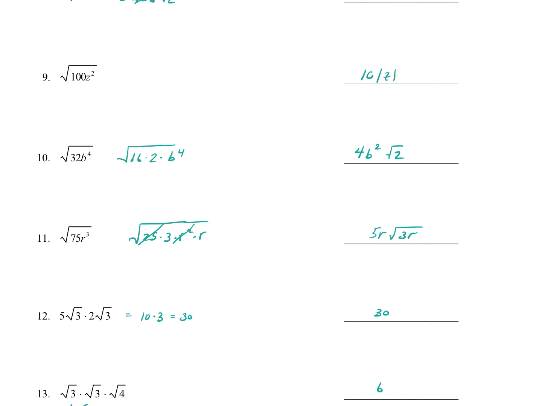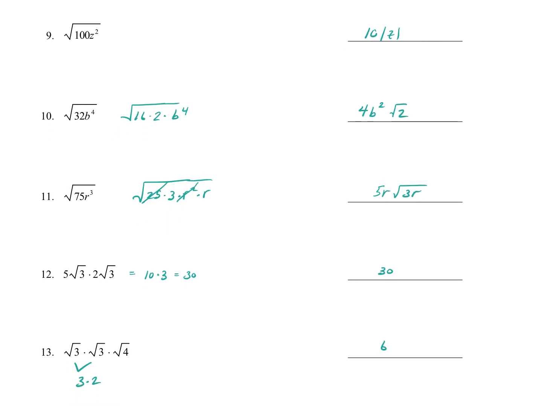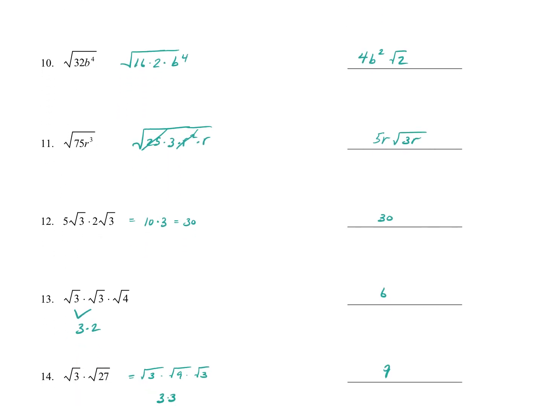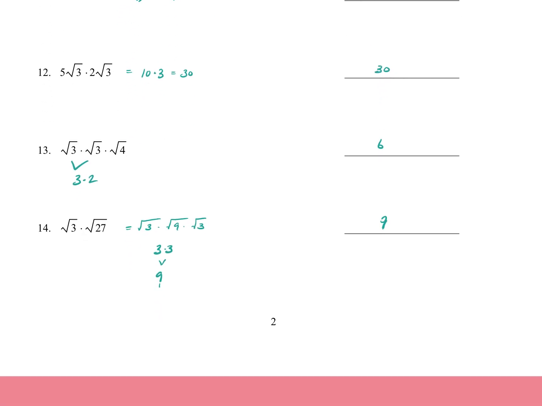And then there are 4 b's underneath, so you can take out 2 of them. 11 is 5r, square root 3r. 12 is 30. 13 is 6. And 14 is 9.